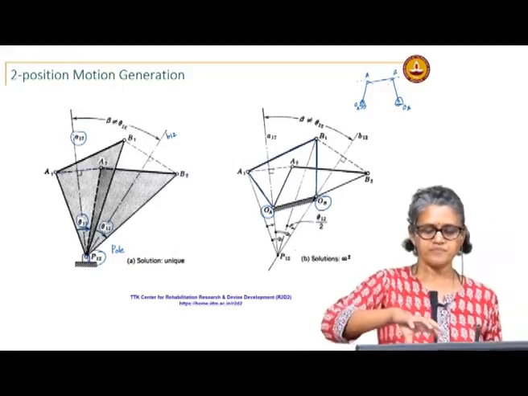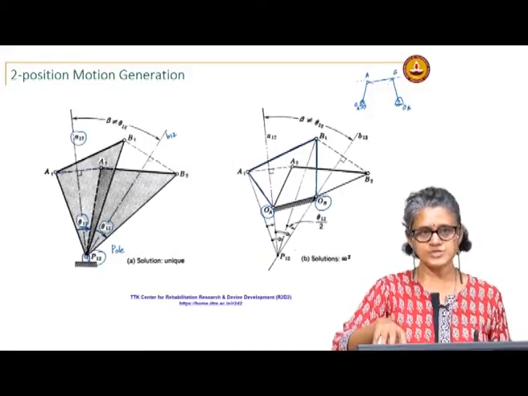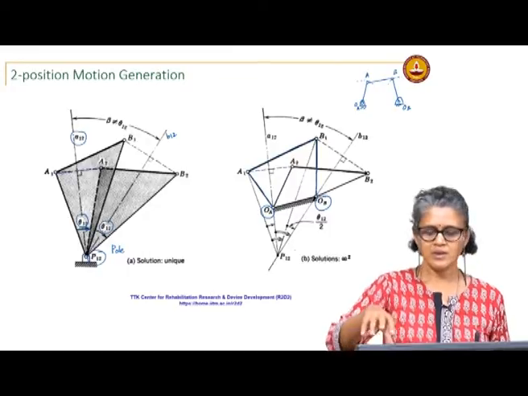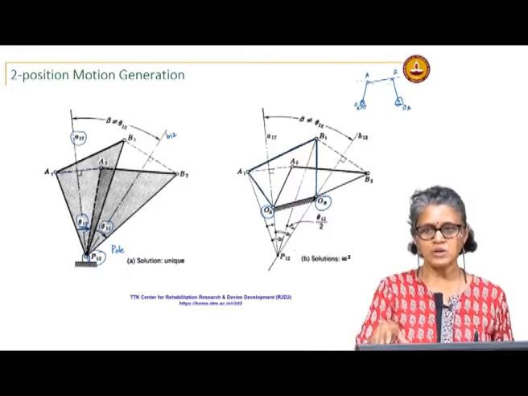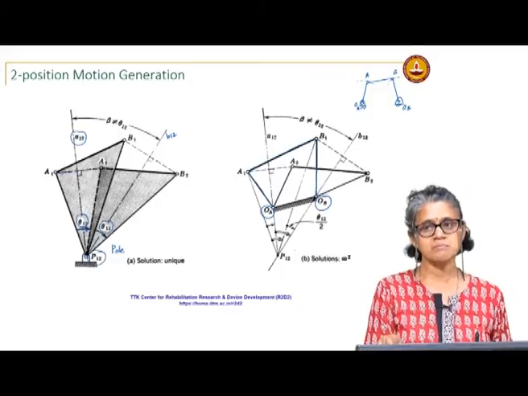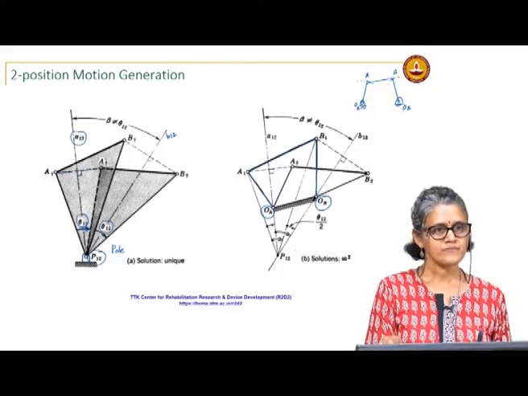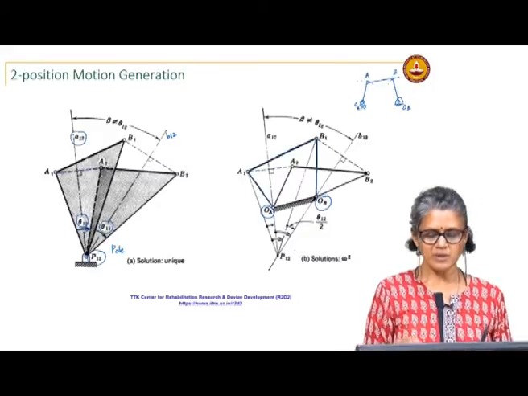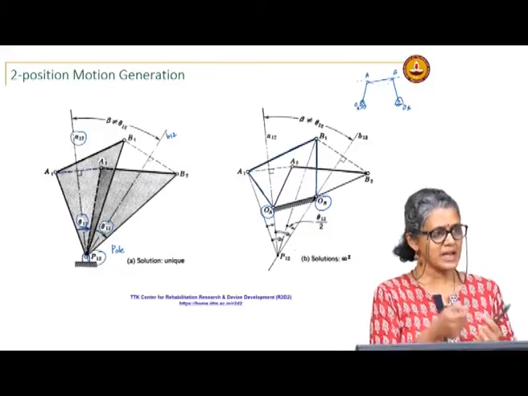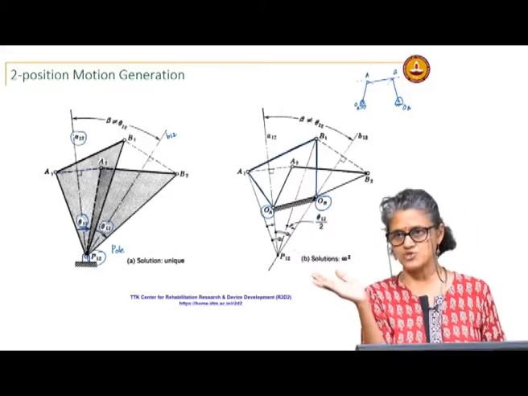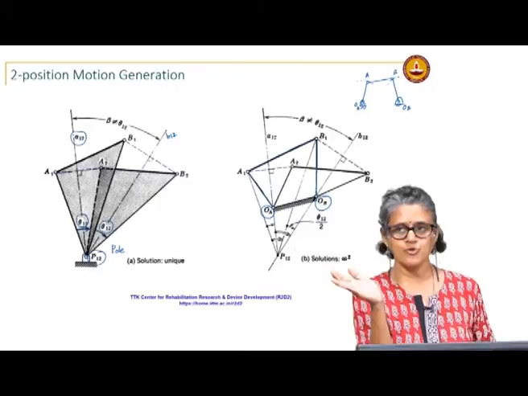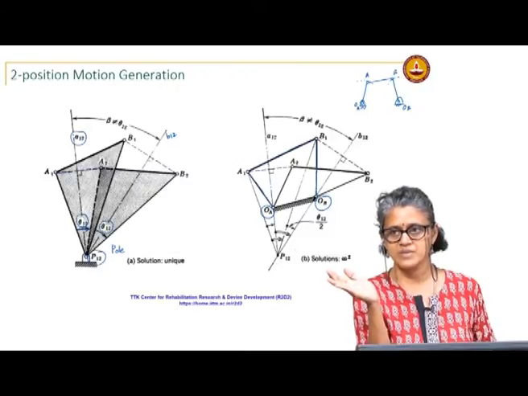So, when OA A1 moves to OA A2, B1 OB will move to OB B2. Okay. So, here now, because my pole may not be accessible, I can do the same two position motion generation by means of a 4 bar linkage.